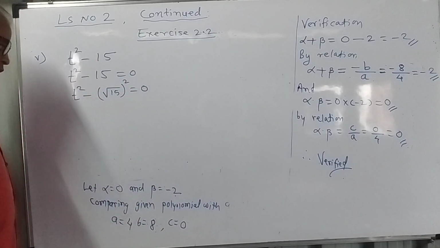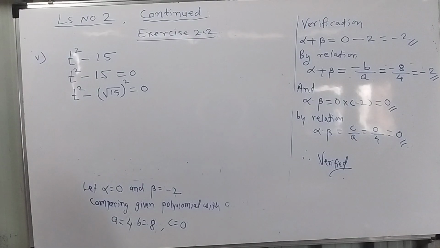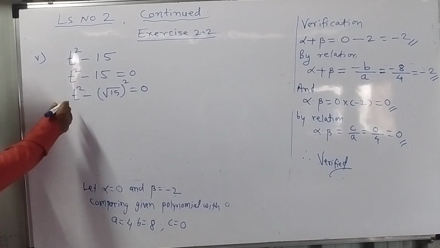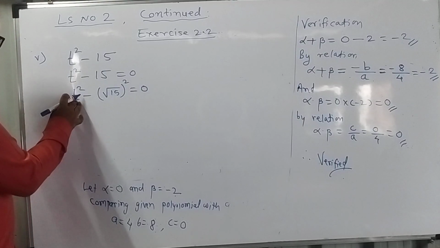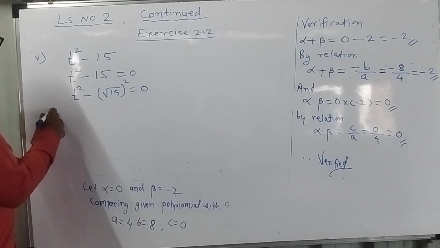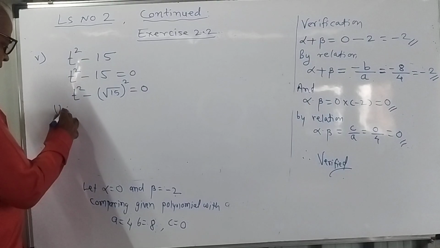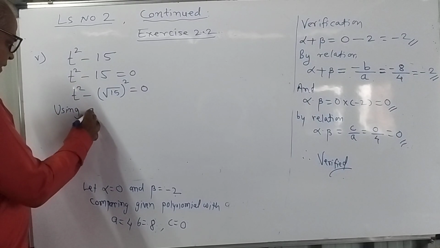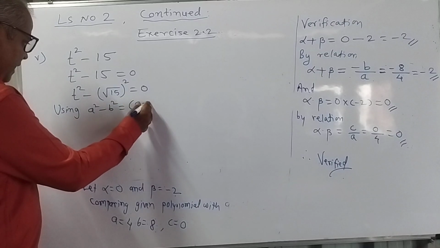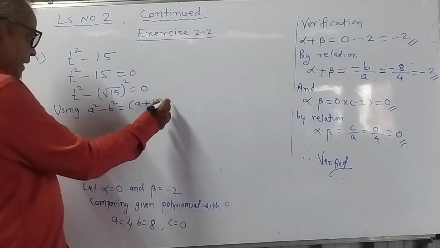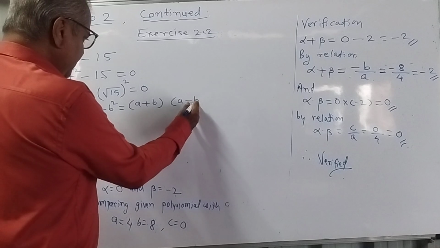Now we got the polynomial in the form of a square minus b square. A is nothing but t and b is nothing but root 15. For your convenience, you can write using the a square minus b square identity.